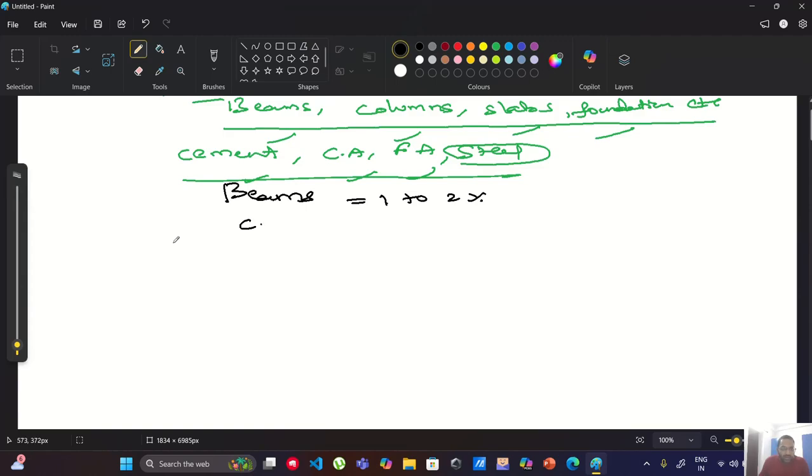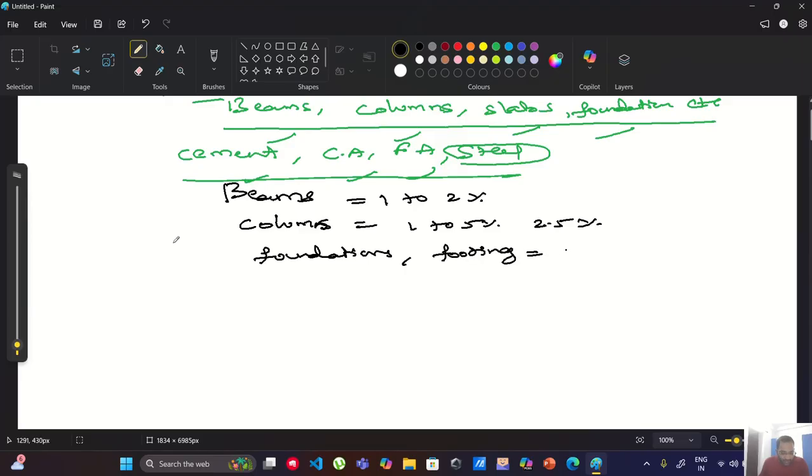Coming to the columns, the percentage is between 1 to 5%; frequently we consider 2.5%. Next, for foundations or footings, it is 0.5 to 0.87 percentage.